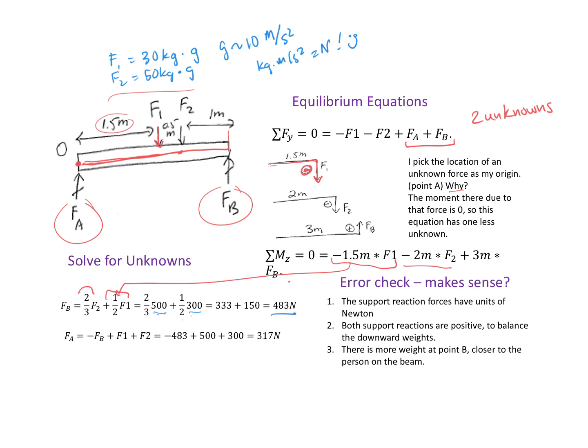And then also notably, FB is higher than FA, and that makes sense because this person is closer over here, so more of their weight gets distributed onto here. Again, intuition that might make sense at one point. So all of it makes sense so far, and we got a solution. We were able to use our free body diagram to write our equilibrium equation.